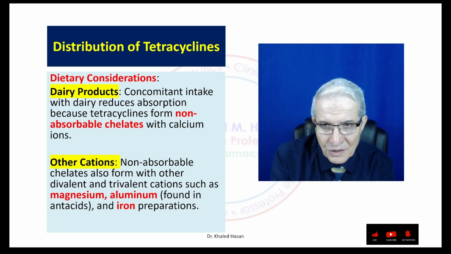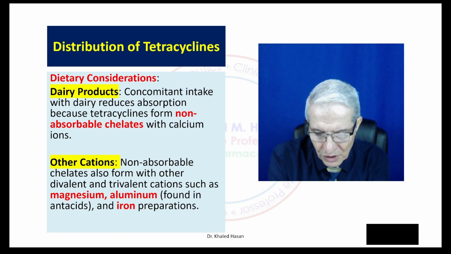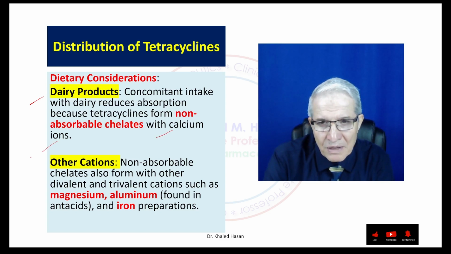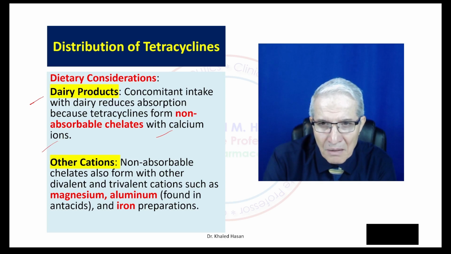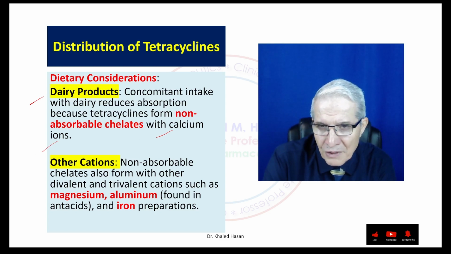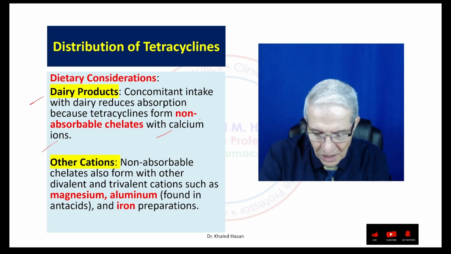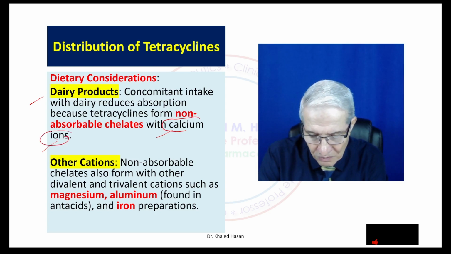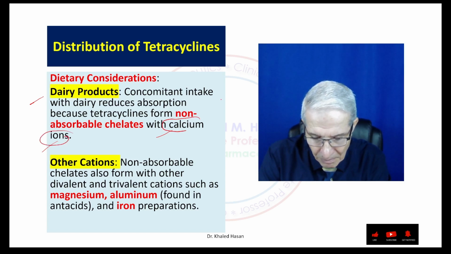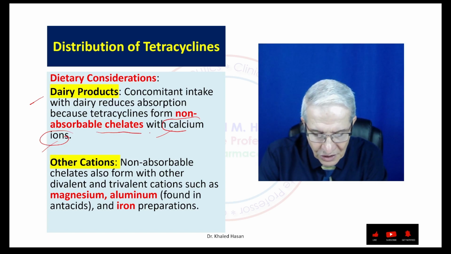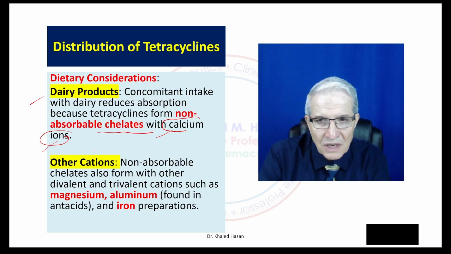What they said there, they said any dairy product, for example, such as milk, or calcium ions, any products rich with calcium. These calcium and iron ions bind to the tetracycline and cause a chelating effect and prevent absorption of tetracycline.